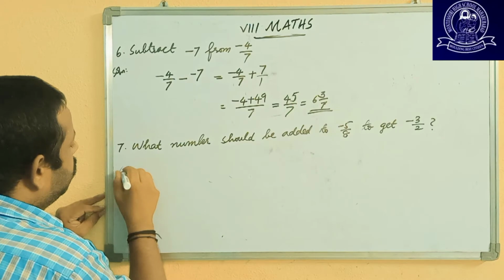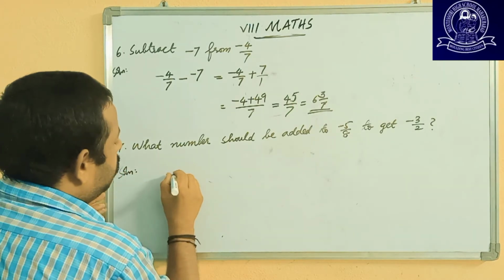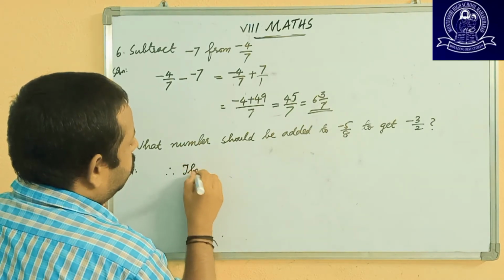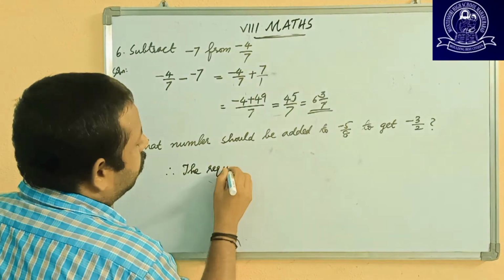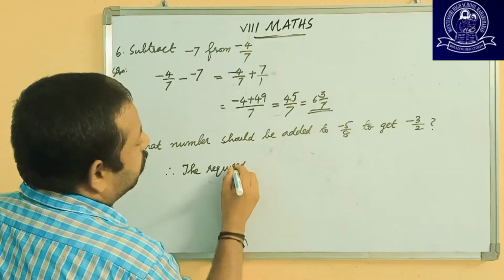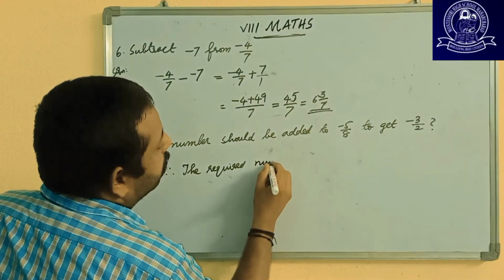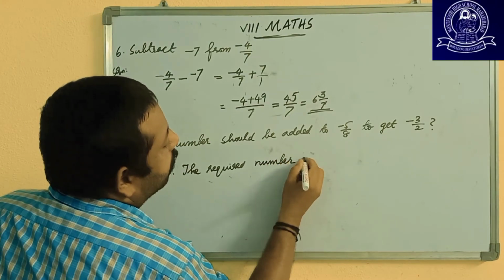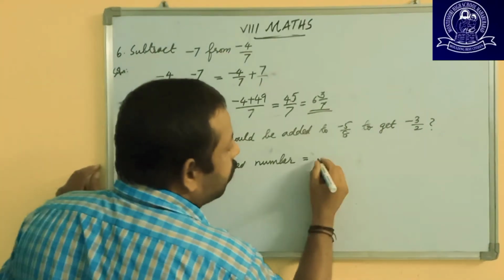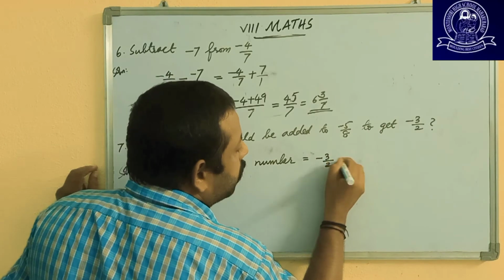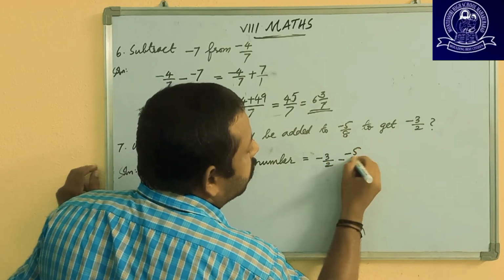Therefore, the required number, what should be done? Minus 3 by 2 minus minus 5 by 8.